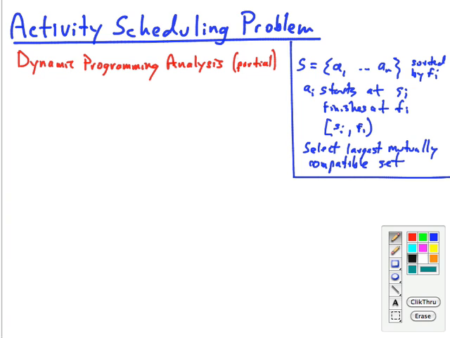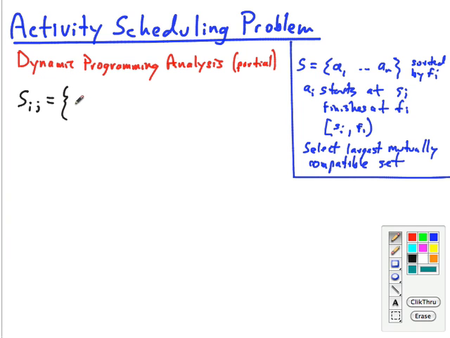So we might have to look at a time interval between i and j. Then we're going to define the set S sub ij to be the set of all activities that fit within this interval. We're going to treat it as if there was an activity already scheduled, A sub i, and another scheduled, A sub j. A sub i is a starting one and A sub j is the finishing one.